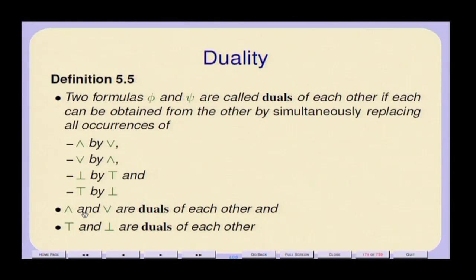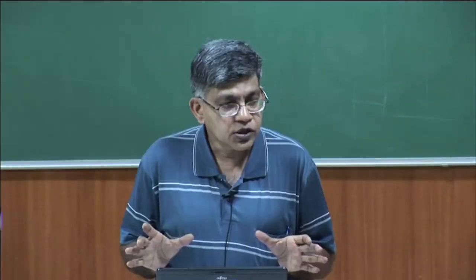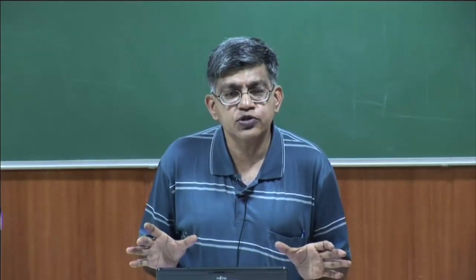Now, essentially AND and OR are duals of each other, bottom and top are also duals of each other, right. But now what happens is that the two formulas, phi and its dual, are not equivalent.